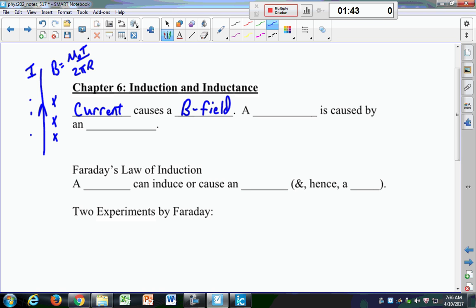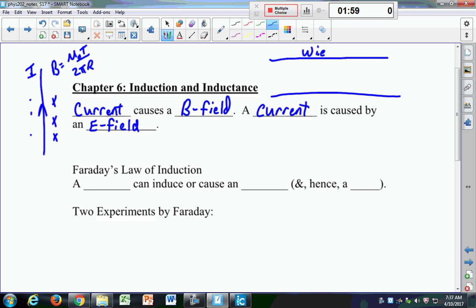And then similarly, a current is caused by an electric field. That is, if I think of a wire, say this is my wire, the inside of my wire, I think of my charges, we'll call them electrons, they're moving along, or we'll call them protons actually, to sort of stand in the general idea of what current is.